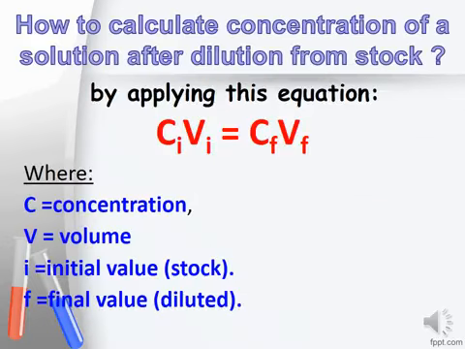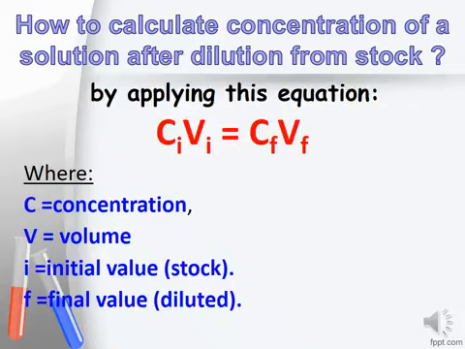What will be the example given in the exam? And how to calculate the concentration of a solution after dilution from stock. Here I have an equation: CIVI equals CFVF. CI means the initial concentration. C is for concentration, V for volume, I for initial.